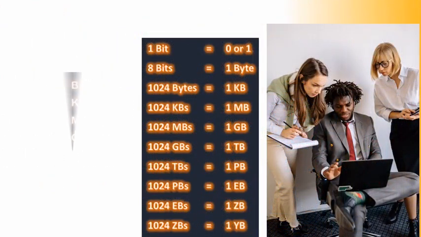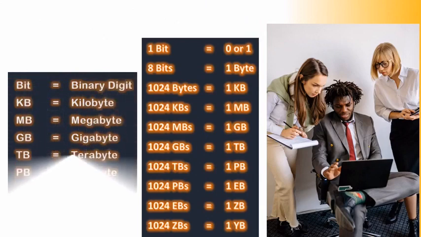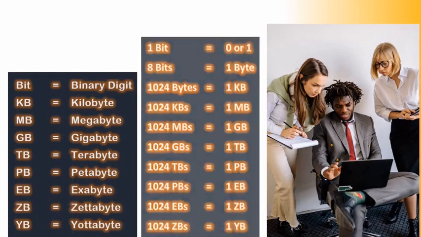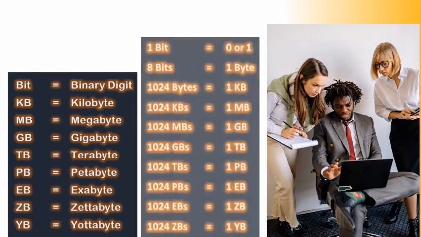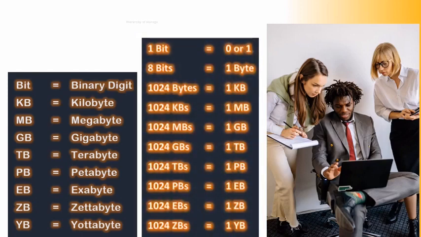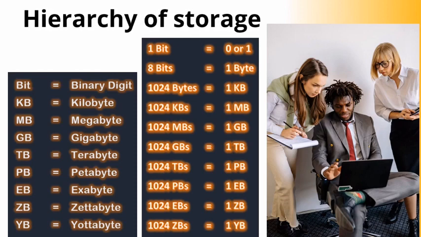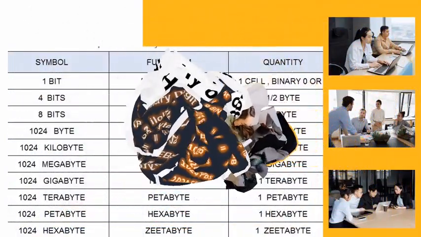The smallest unit of storage is called a bit, short for binary digit, and it consists of just 0 and 1. After the bit we have bytes, then kilobyte, megabyte, and it keeps on increasing in hierarchy like that. So a gigabyte is more than a megabyte, and a megabyte is more than a kilobyte.